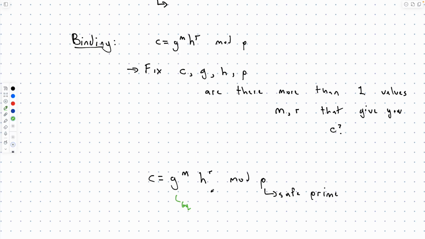H, where's it from? Because G and H are from GQ, where's C from? How many possible values of C are there given that it's from GQ? Say it loud. Eleven concretely, but in general?